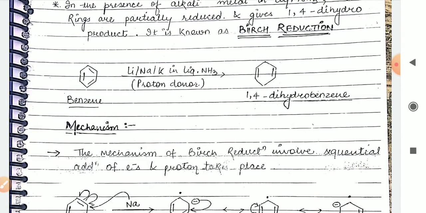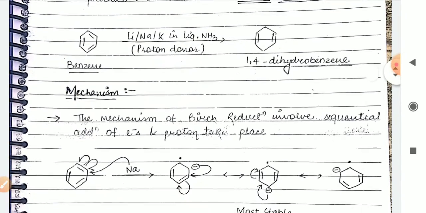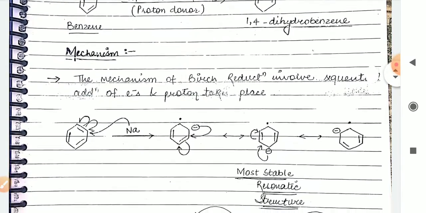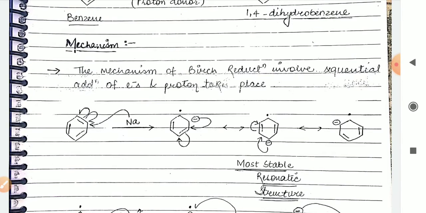This benzene can be reduced in the presence of lithium, sodium and potassium metals in liquid ammonia, which acts like a proton donor. It means we are using these metals. The final product is 1,4-dihydrobenzene.